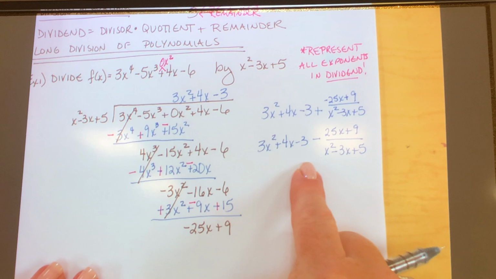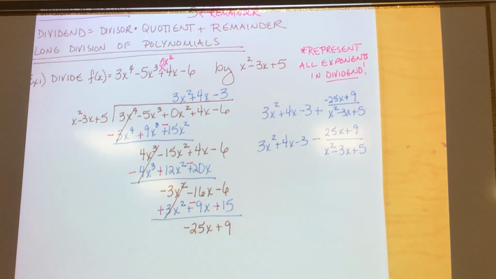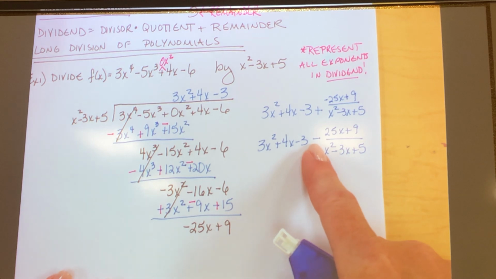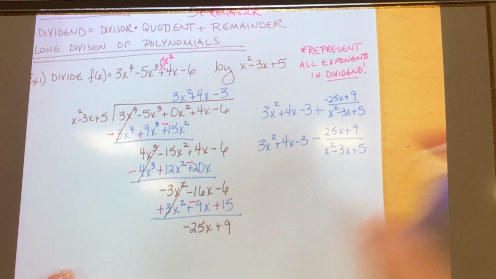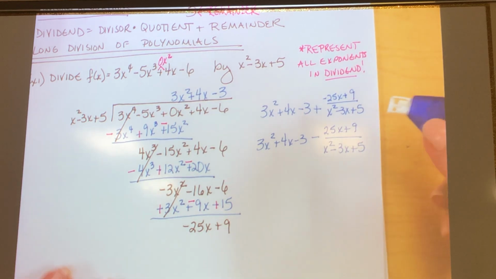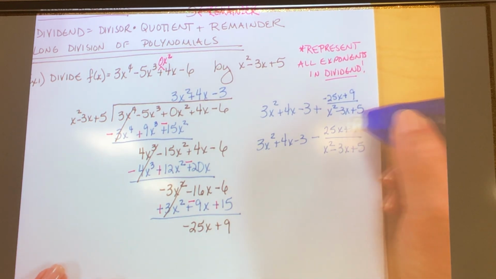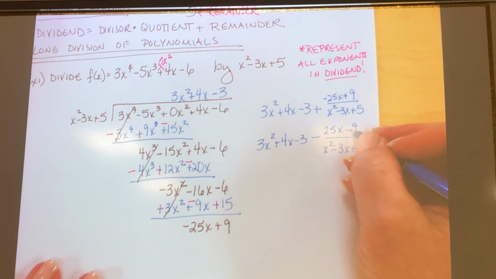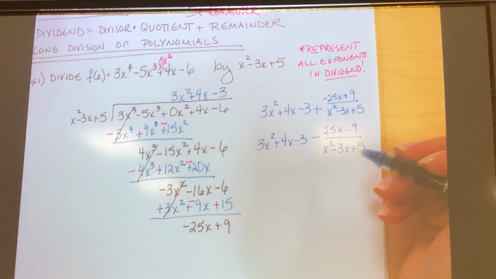Oh, no, you have to change all the signs. Very good. Okay, so if I pull this negative out front and put it right here, I have to change all the signs. So yes, I got a positive 25x, but you should have had a what? Negative 9. Do I change the signs on the top and the bottom? No. No, y'all, that would be a negative over a negative, and that would be positive.